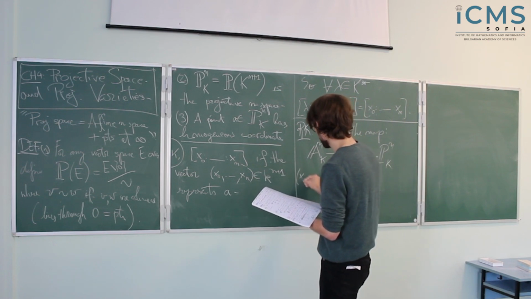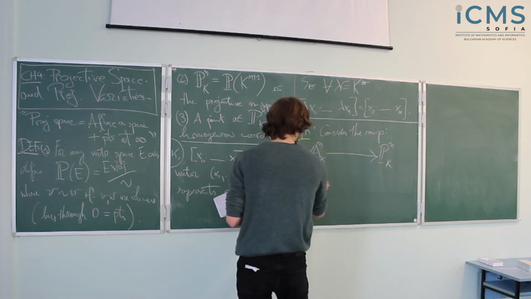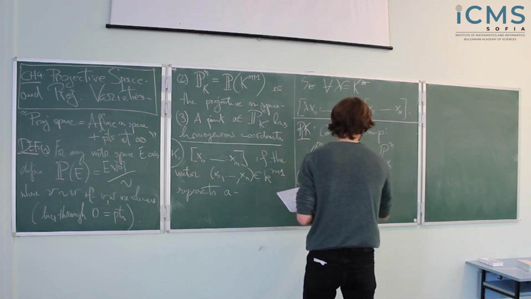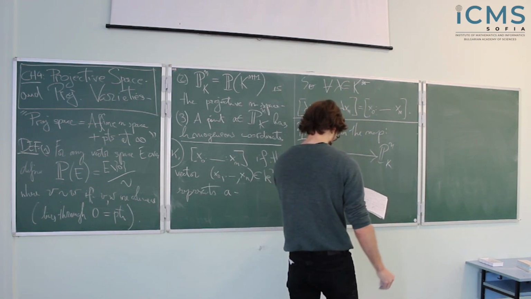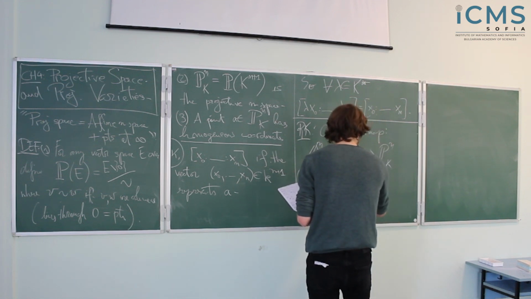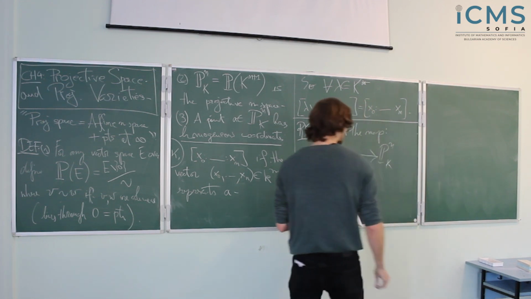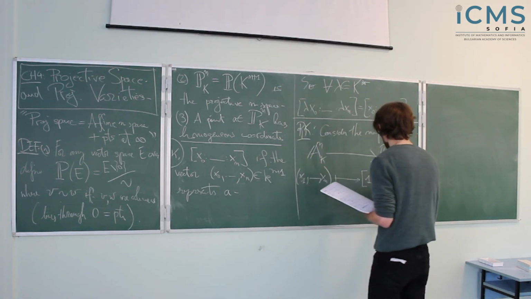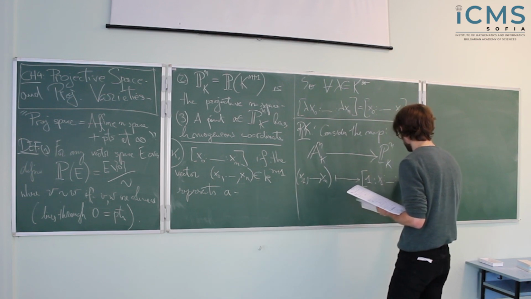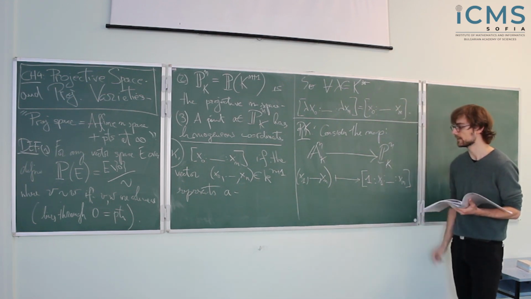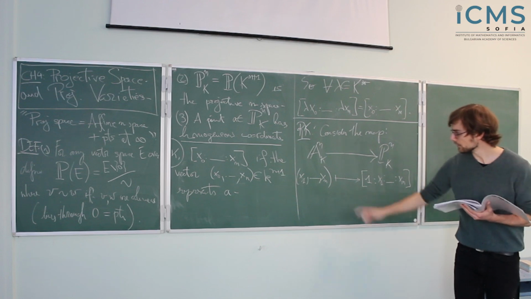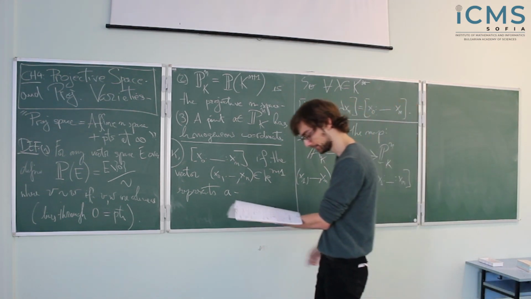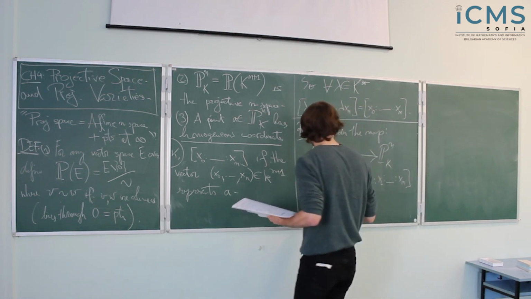You just take a point with coordinates x1 up to xn. Be careful with how you index, and define. If I start with a 1, then it's surely going to be well defined, and you just add the coordinates here. So we have a point inside A^n(K) and have a representative here. Okay. So this is a bijection.